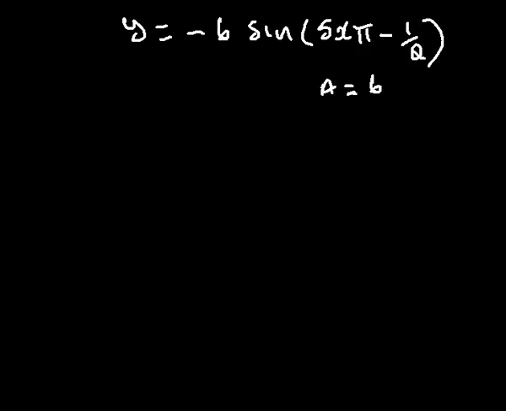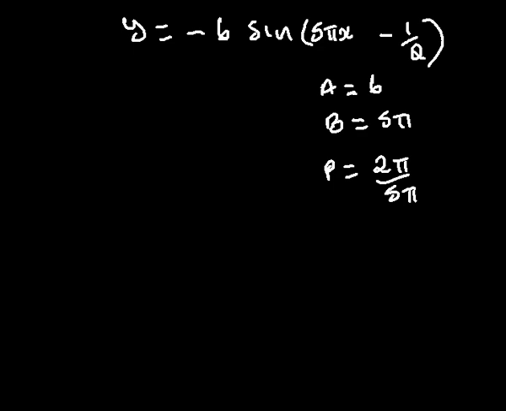And we should calculate what is the coefficient of x. Now for this case, we have 5 pi x. So the coefficient of x is 5 pi. And what is the period? We'll have it as 2 pi divided by 5 pi.